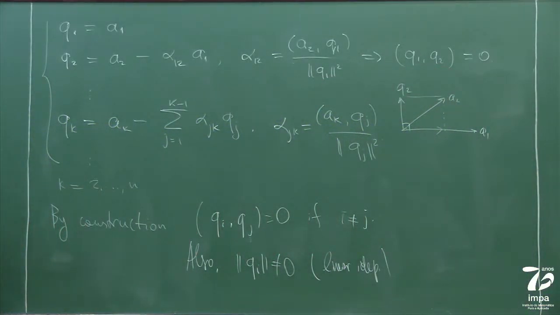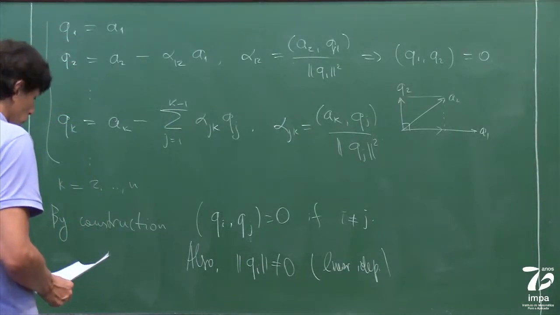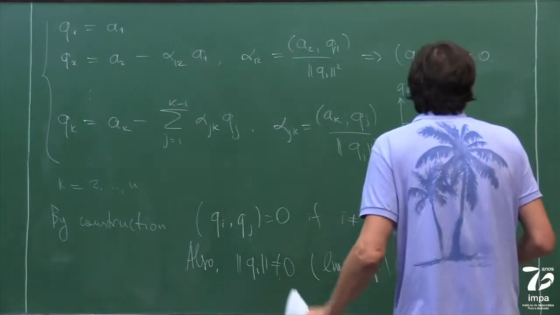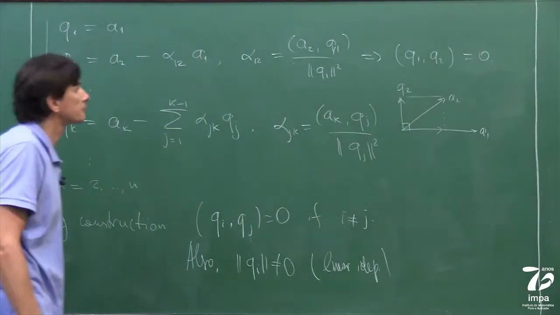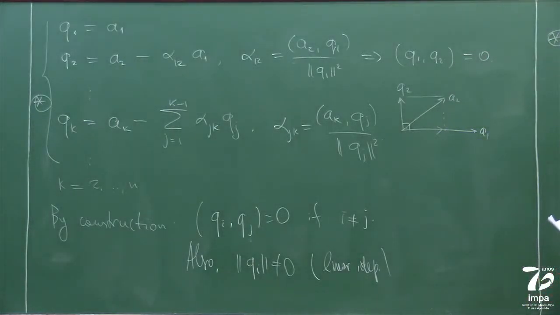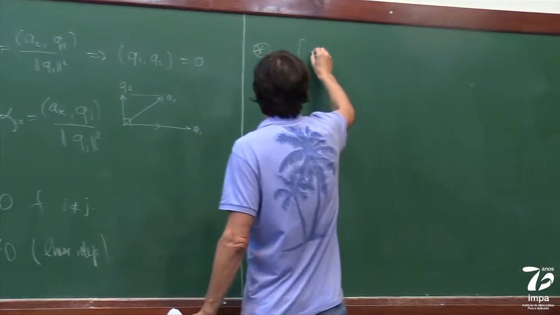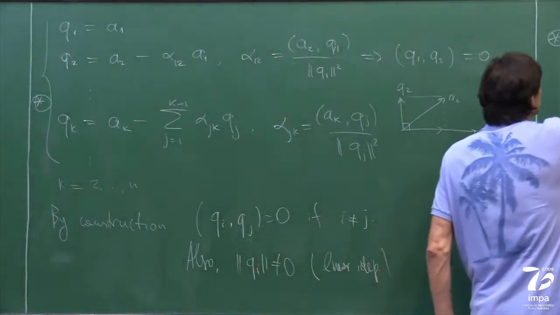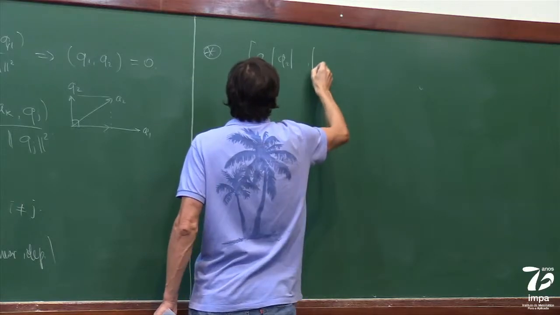Okay. So then what we do, we take this system and write it in a different form. Let's call this system star. So star can be written in the form: the left-hand side is, let's just take all of these columns and put them one after another, Q1, Q2, Qn.